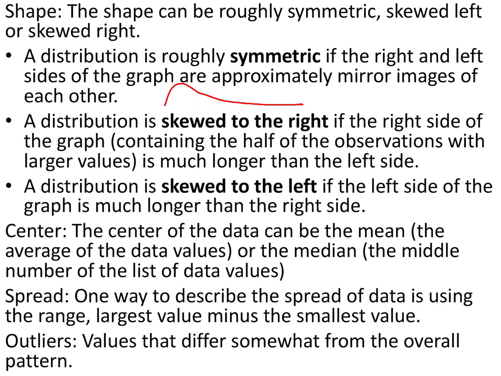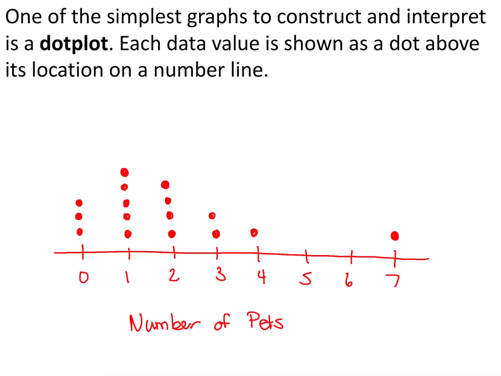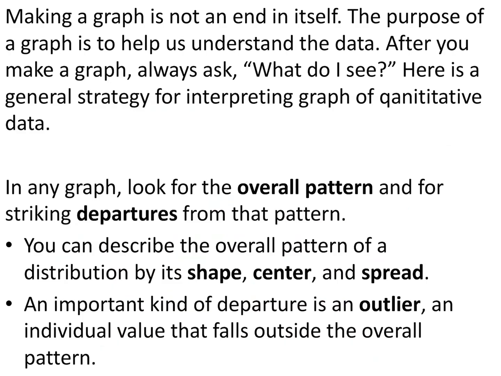A distribution is skewed to the left if most of the data is on the right and the tail of that graph is going to the left. If we go back and look at the dot plot that we created of number of pets, we have most of the points over here, and then it trails out over here. So that graph would be more skewed to the right.